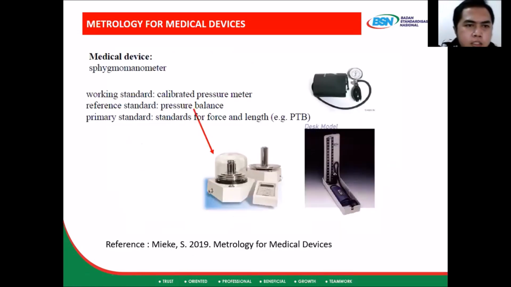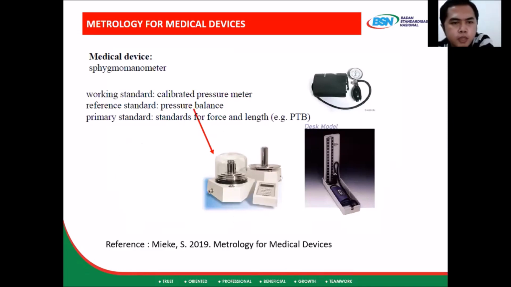And the next is the sphygmomanometer. The working standard is the calibrated pressure meter, and the reference standard is the pressure balance.